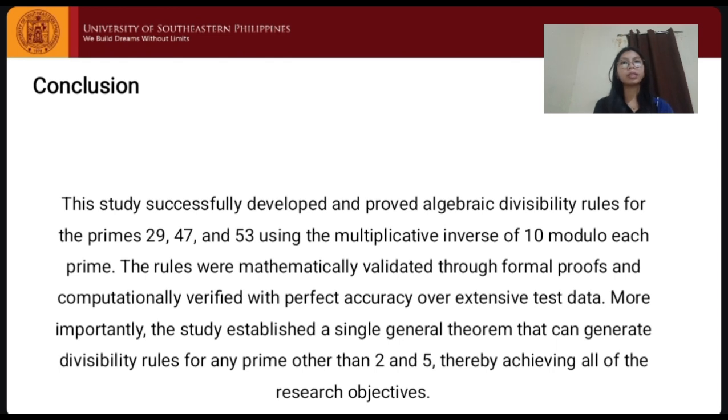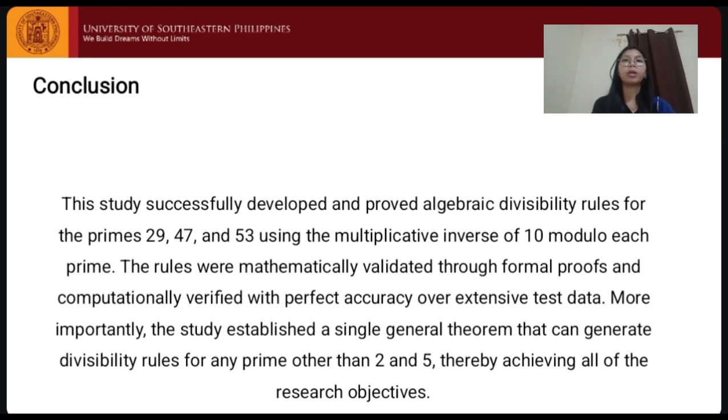More importantly, we established a single general theorem capable of generating a divisibility rule for any prime number other than 2 and 5. Therefore, the study achieved all of its objectives and demonstrated how modular arithmetic, mathematical proof, and ICT tools can be combined to create a simple, reliable, and reusable method for testing divisibility.